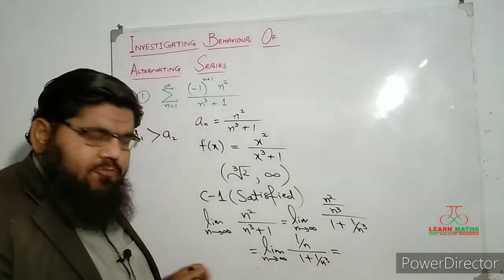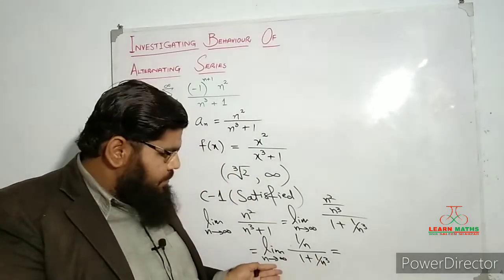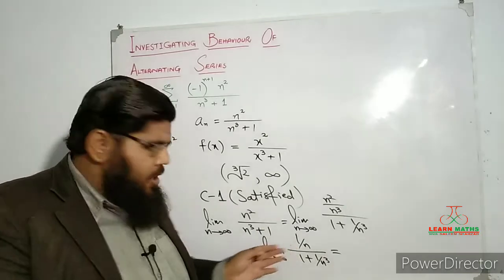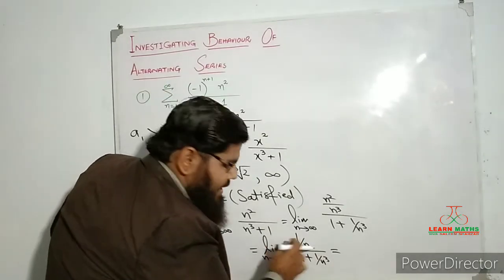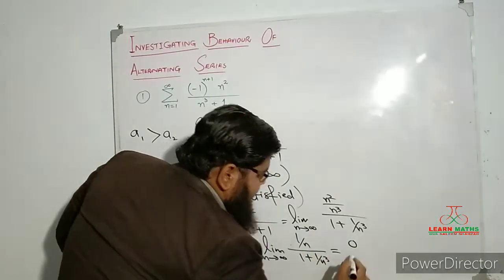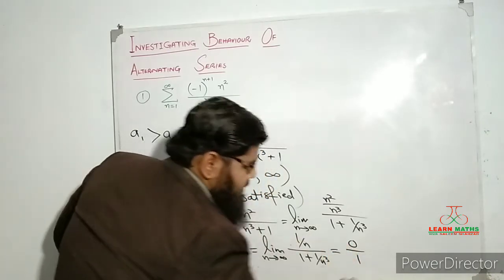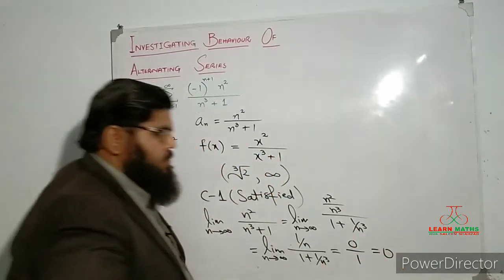If you simply put n as infinity, you will have numerator as 0 and denominator as 1, which will give you 0.